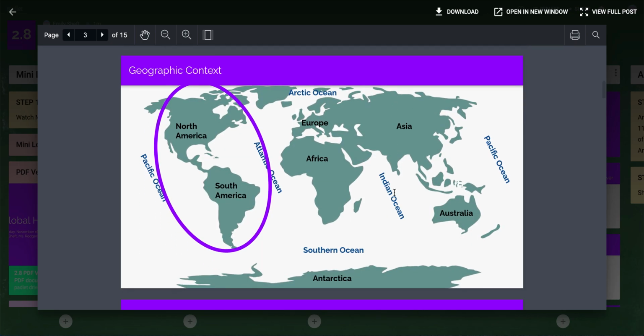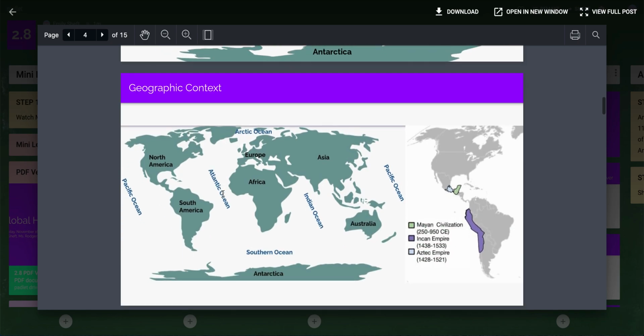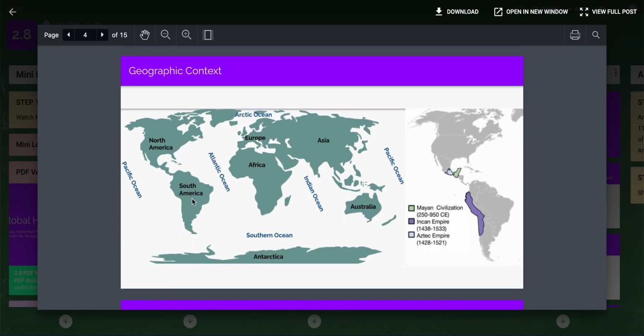So I want to review our geographic context since we have shifted where we're looking and where we're studying in the world. We were looking at Africa, but now we are just focused on North America and South America. Specifically, we are looking at the Maya, the Aztec, and the Inca civilizations.